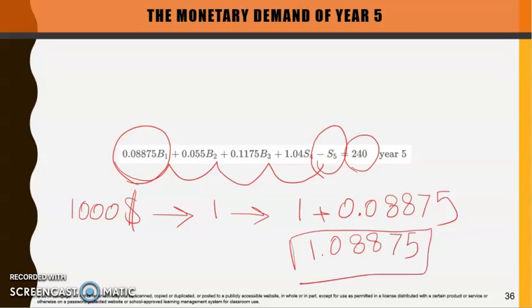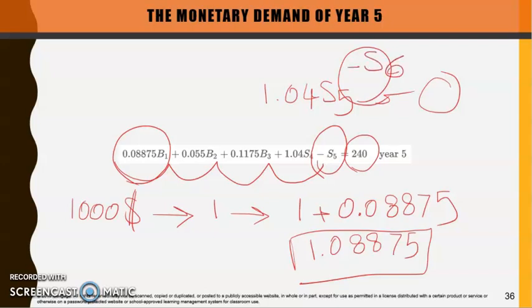The rest would be the same, because still we get the interest from bond 2, still we get the interest from bond 3, and also we get the interest and the par value of saving at the beginning of year 5, that is 1.4 S5 and equal to the obligation. And also don't forget that still you have some more investments at the beginning of year 6. Let's check the answer together.